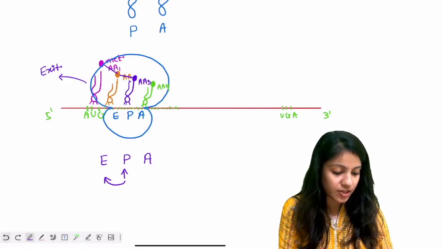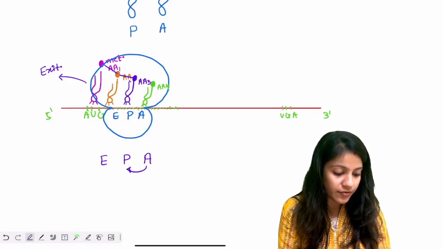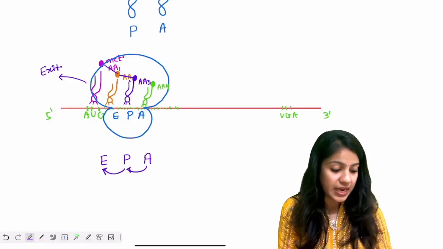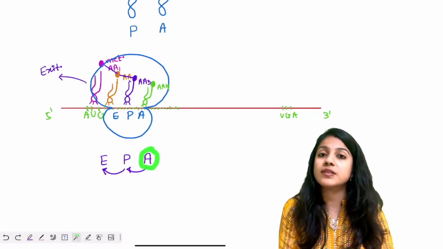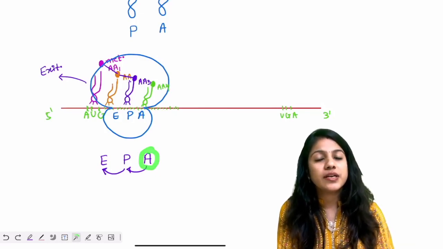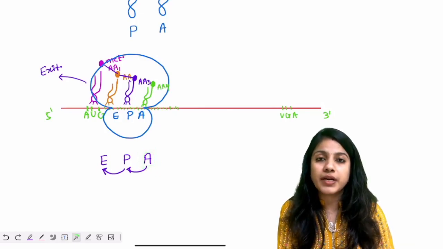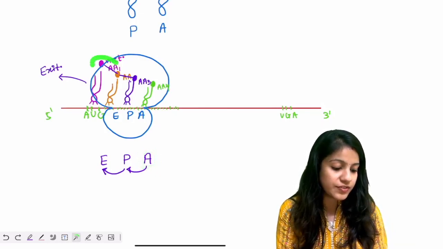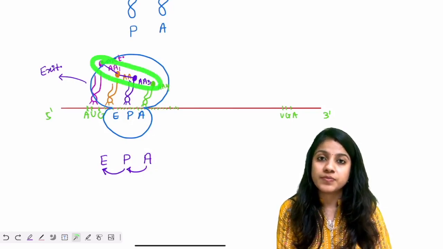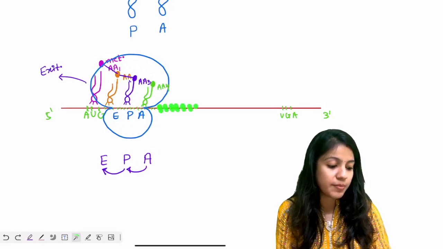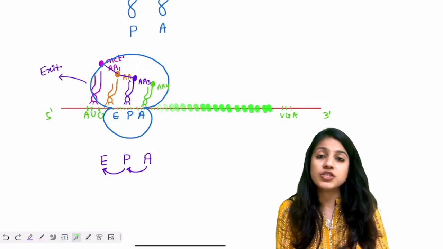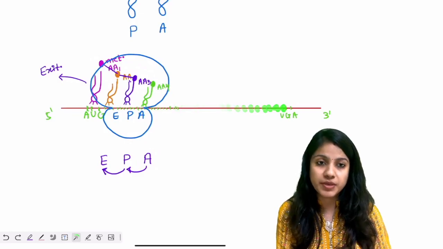There is shifting of tRNA from A to P, from P to E. Due to this process, the A position will always remain vacant and the new tRNA will come and bind on the A site. So there will be formation of a chain of these amino acids. That chain of amino acids depends upon how many codons are present over here. That much long a chain of amino acids will be formed.